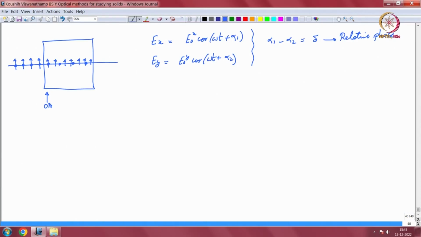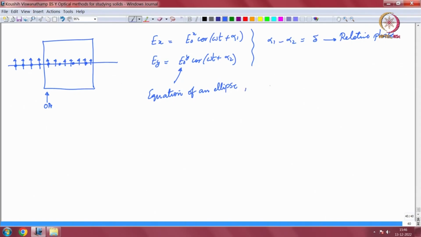Now, in general, if you look at these two, for example, E0x and E0y, you can write this down as the equation of an ellipse. Right, depending on alpha 1 and alpha 2, the relative values, the ellipse will be aligned either along the x direction, the major axis will be along x, or along some direction in the xy plane, right.